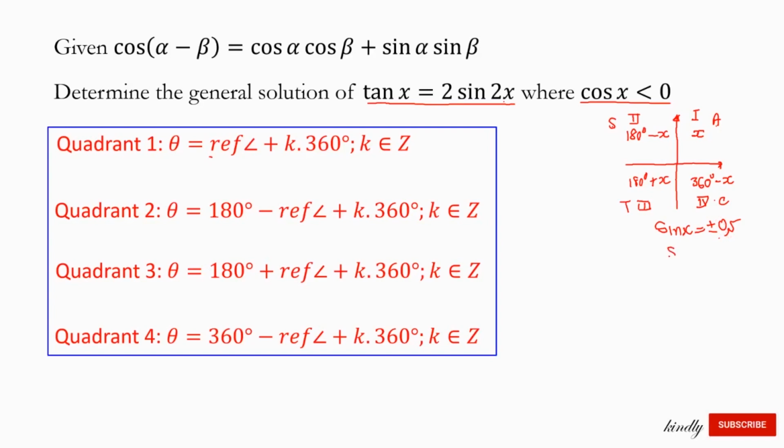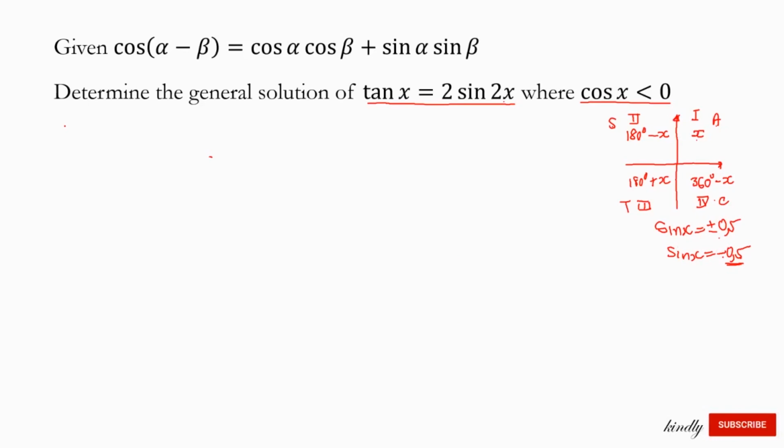Even if the answer is sine x is equal to negative 0.5, just ignore the negative sign and get your reference angle using the positive 0.5 as an example. Then this will give you an acute angle, which in this case is like our x here. If you use the negative, you may get an obtuse angle. That will not work. So when getting the reference angle, just ignore the negative sign and use the positive value.